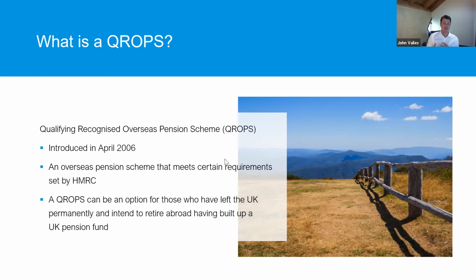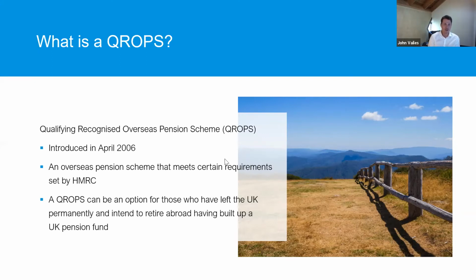The idea behind the QROPS was to streamline the process for a foreign pension transfer. The other main reason was to prevent scams. HMRC started seeing a few of these coming through, with international advisors advising on taking your money out of the UK and investing it in a pension scheme which was unqualifying.